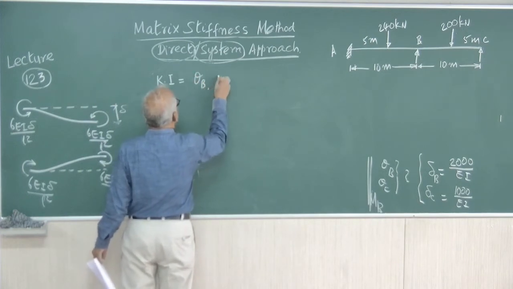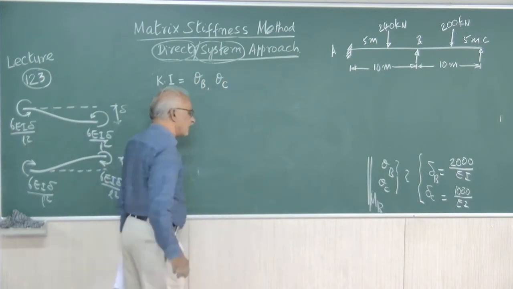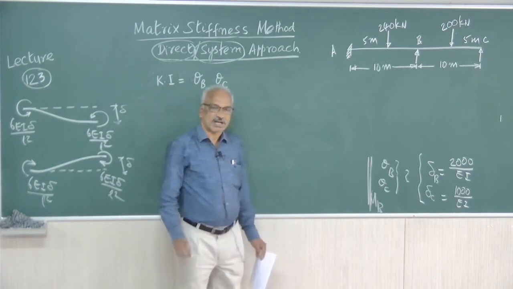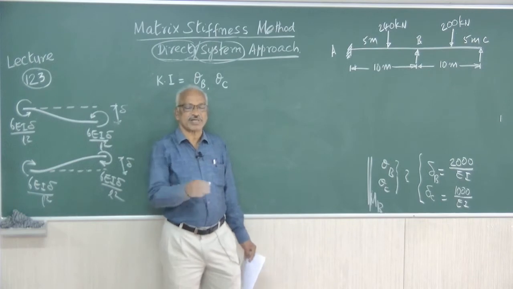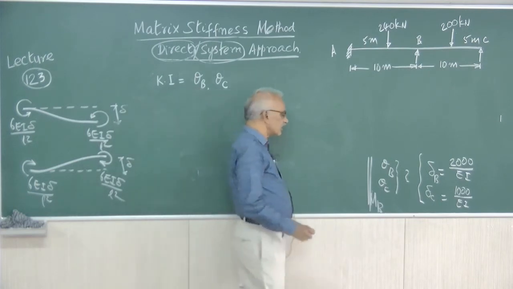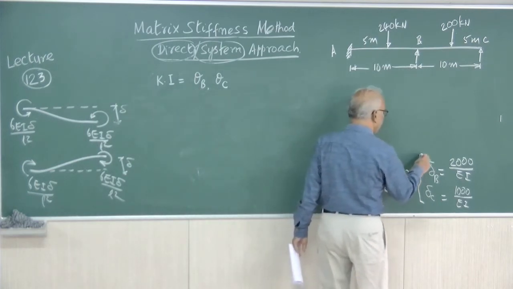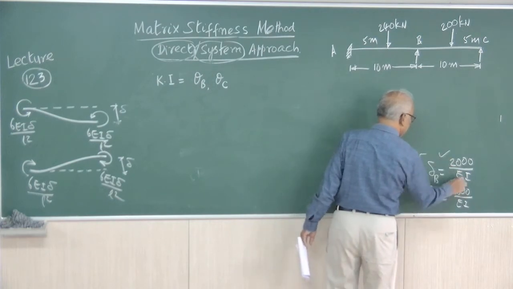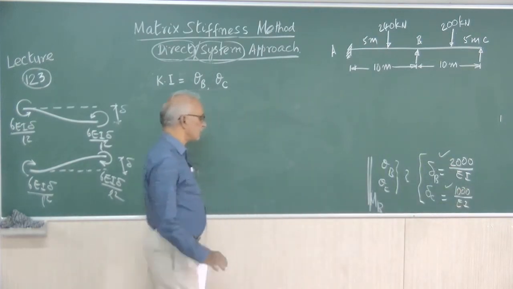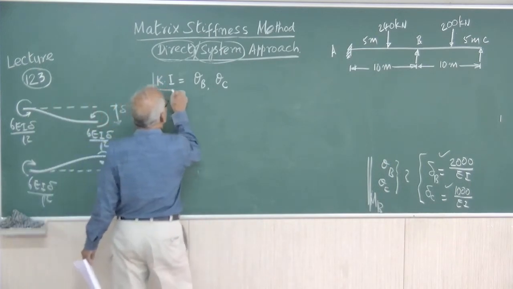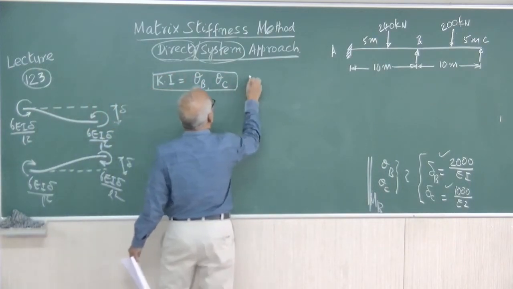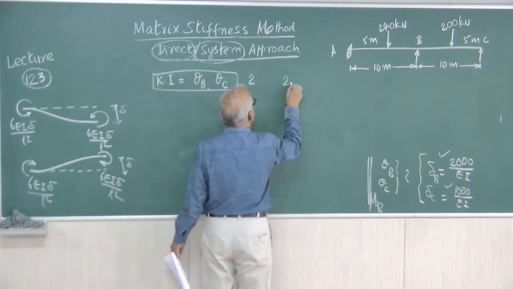Settlement, if not mentioned, we can assume as 0, but here the values are given. So Ki equals 2, and therefore the size of the stiffness matrix will be 2 by 2.